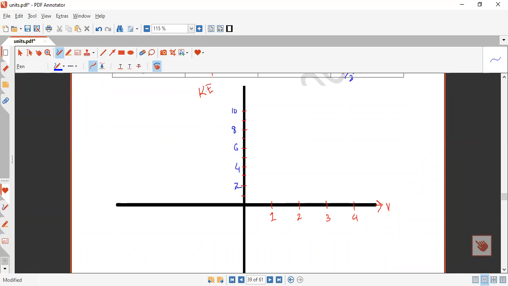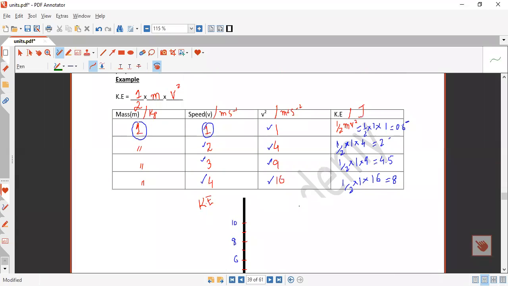Okay. So when the velocity was 0, kinetic energy was 0. So the first point is, students, simply the origin. And when the velocity was 1, kinetic energy was what? It was 0.5. So somewhere here is going to be the next point, right? And when the velocity was 2, kinetic energy was what?